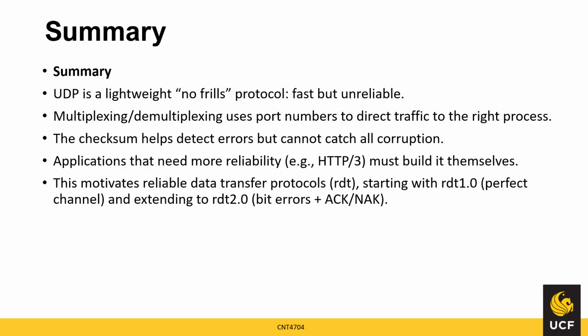So this is what we're going to cover in the next couple of lectures, specifically the lecture on Wednesday. And we have covered UDP very quickly. It is a very lightweight protocol compared to TCP, a reliable data transfer. We haven't yet gotten to the actual TCP that is being used.